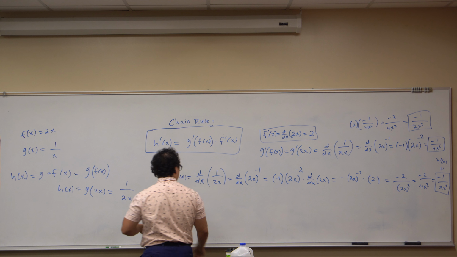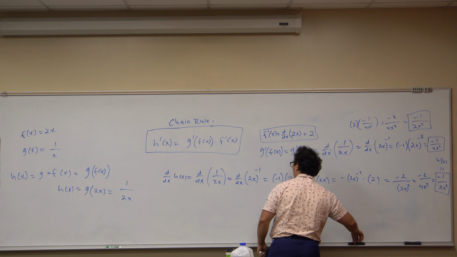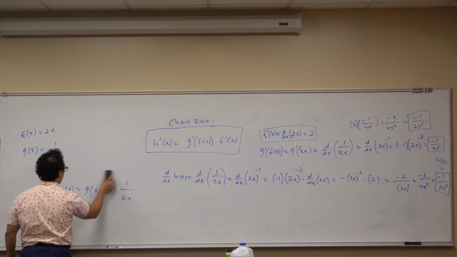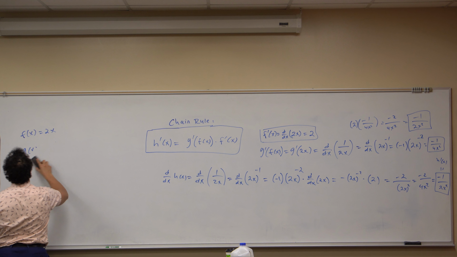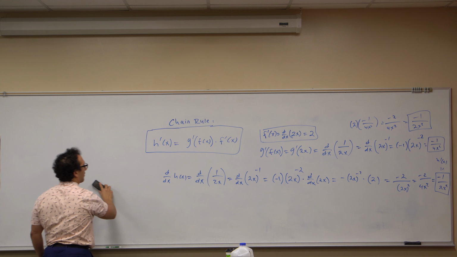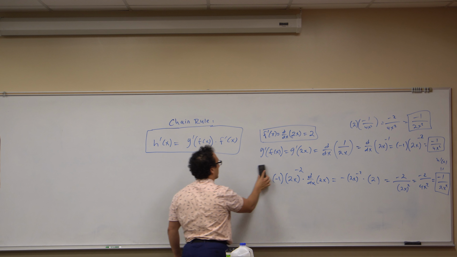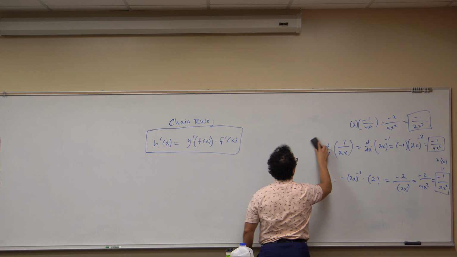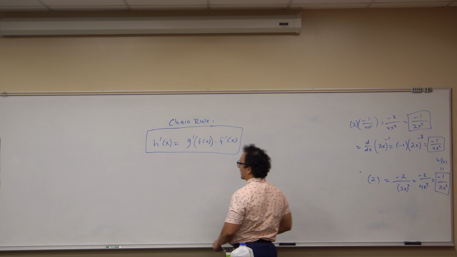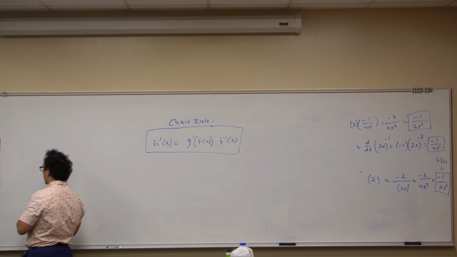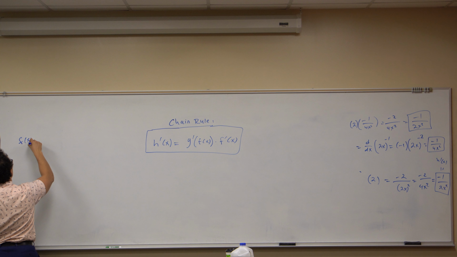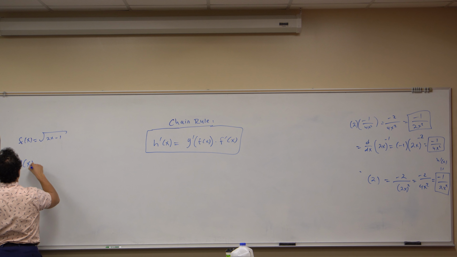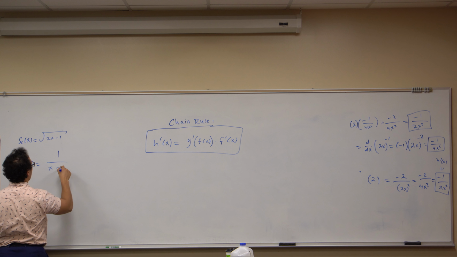Now, most of the problems that you have to do with the chain rule will be slightly more complicated than this. And so let's do a more complicated problem where the composition of functions is a little bit more slippery. Let f of x be the square root of 2x minus 1. Let g of x be 1 over x minus 1.